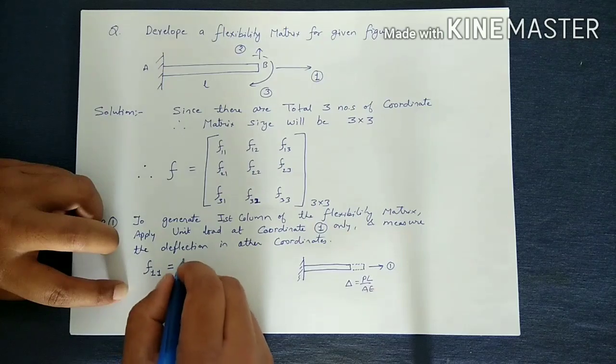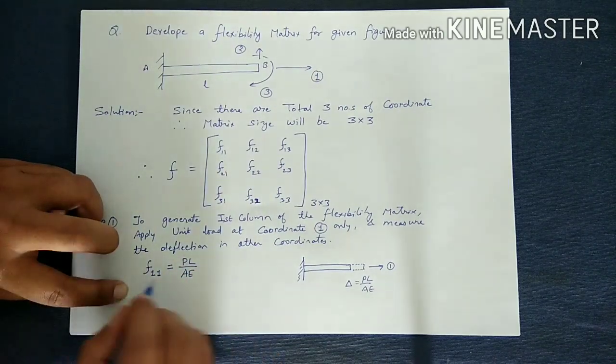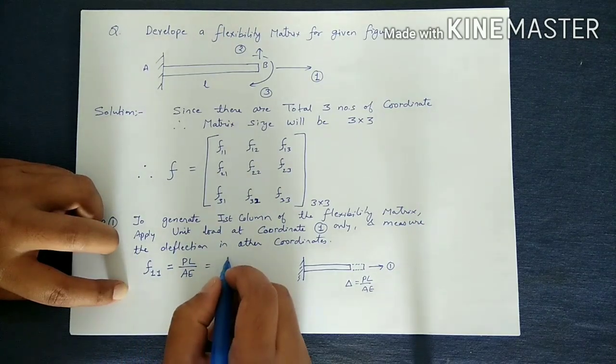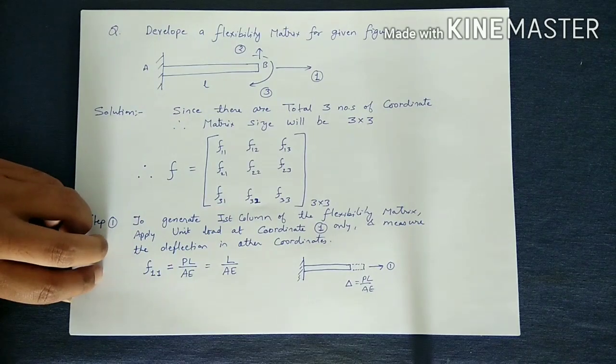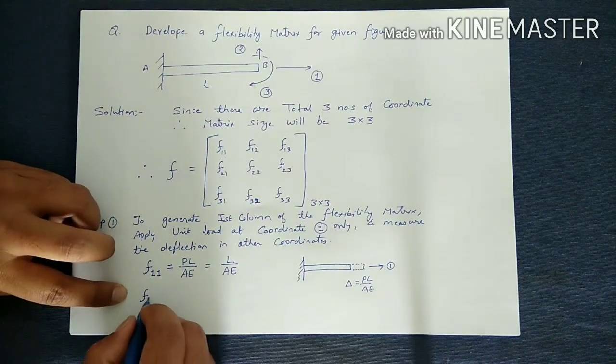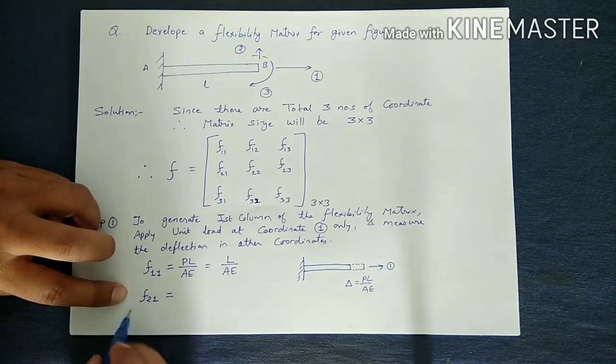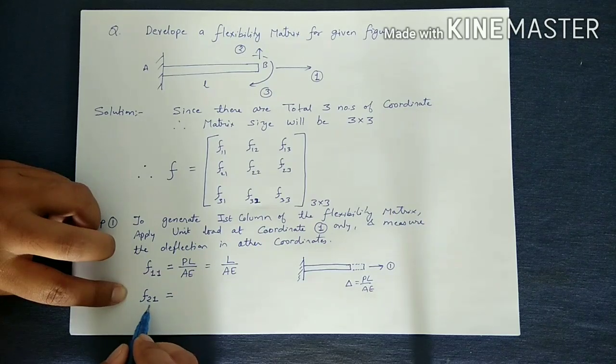So, PL upon AE, where P is 1, therefore L upon AE. Now flexibility at 2 due to 1, flexibility at 2 due to unit load applied at 1.